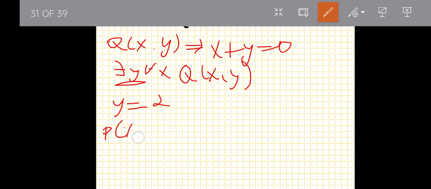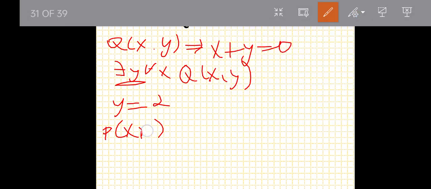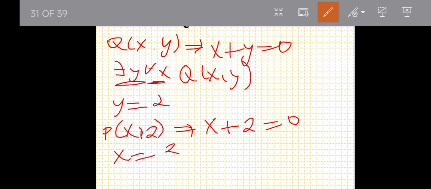So, Q of x, 2 natin. We have x plus 2 that is equal to 0. And for all x naman natin, so let's say x natin is 2.